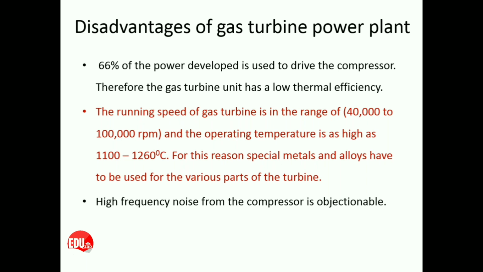For this reason, special metals and alloys have to be used for the various parts of the turbine. And one more thing is that it will make more noise; high frequency noise from the compressor is a main problem.